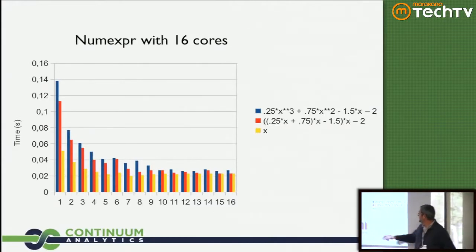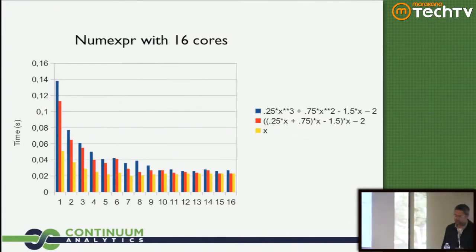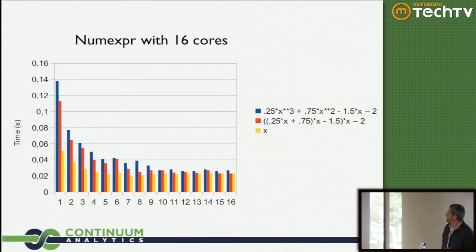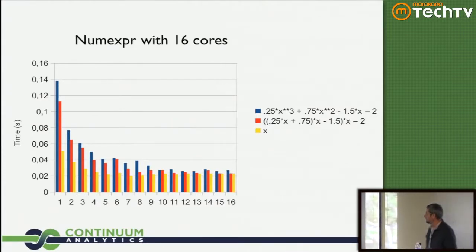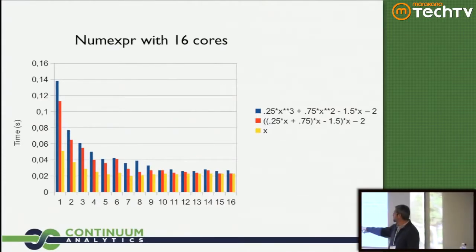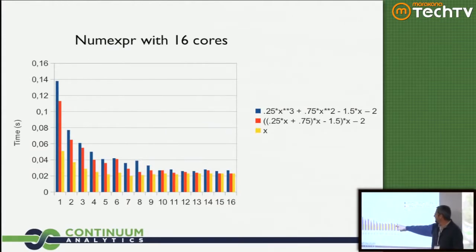So Numexpr allows you to reach performance that is limited by memory bandwidth rather than CPU.